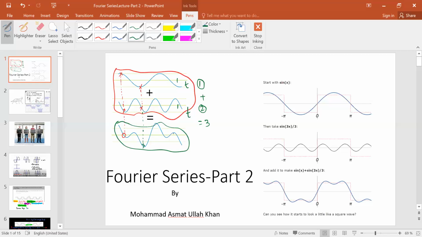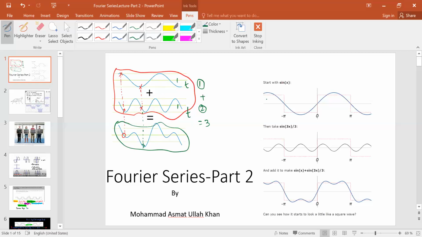Some of the waveforms were so weird that most of the scientists at that time did not agree with Fourier that these waveforms can be constructed from sine and cosine, because sine and cosine are fairly smooth waveforms. They don't have those edges, but you can make complicated waveforms with edges from these smooth signals. However, this was true.